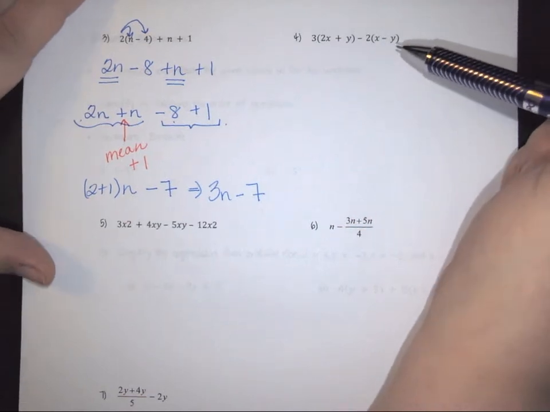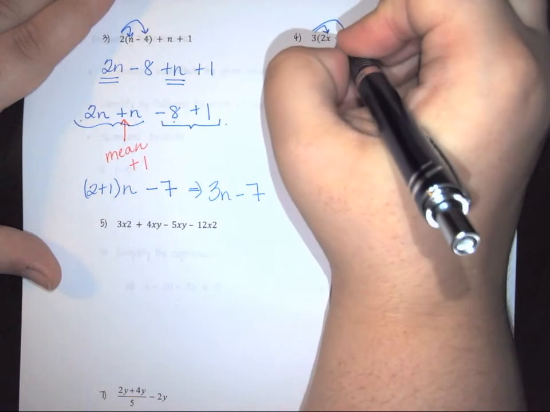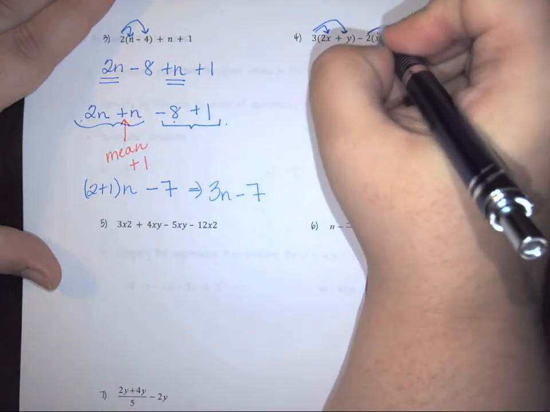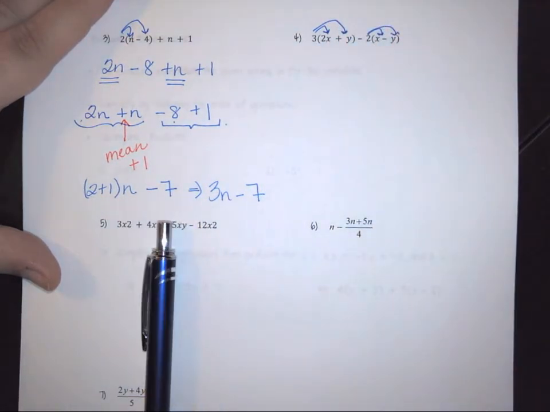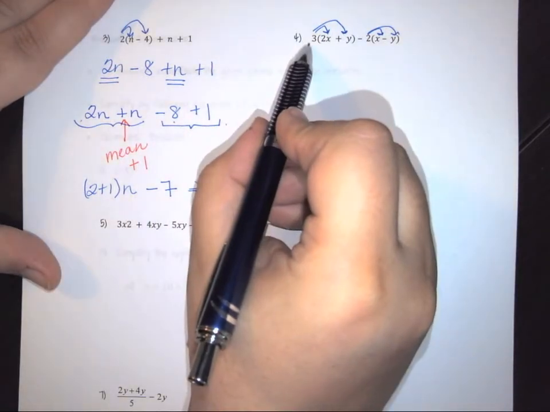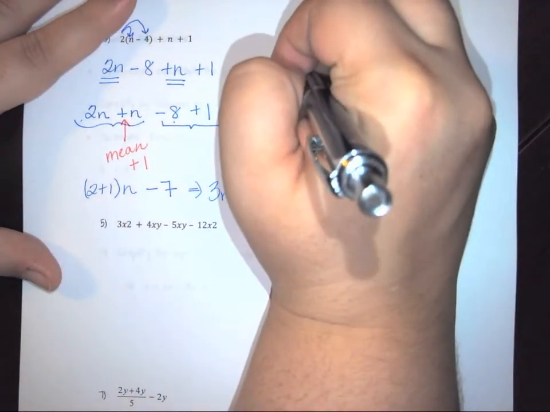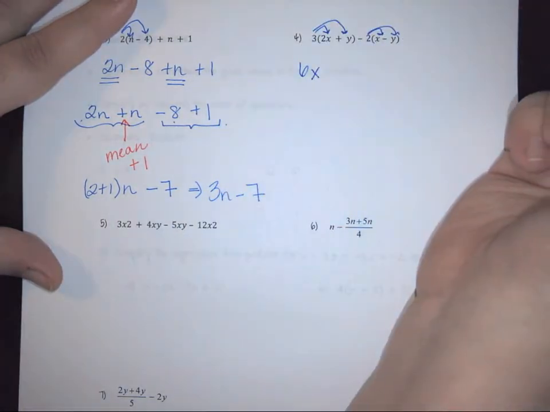In this next one, notice I've got 2 sets of parentheses. So again, I have to distribute, but I need to distribute through both. Distributing through the first is fairly simple. My sign out here is positive, so 3 times 2 will give you 6. Remember, your x is along for the ride.